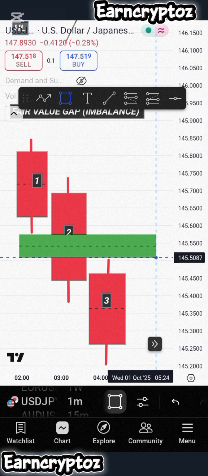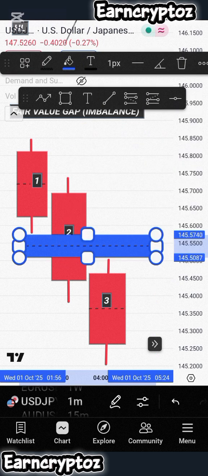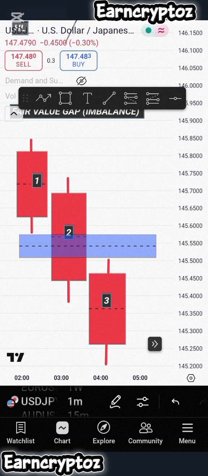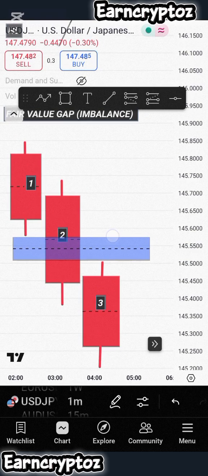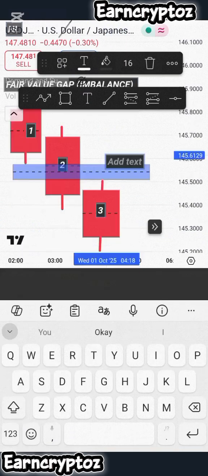So whenever you see a gap like this, that is a fair value gap. Candle 1 and candle 3 are not touching each other, so that's what we call a fair value gap, FVG for short.